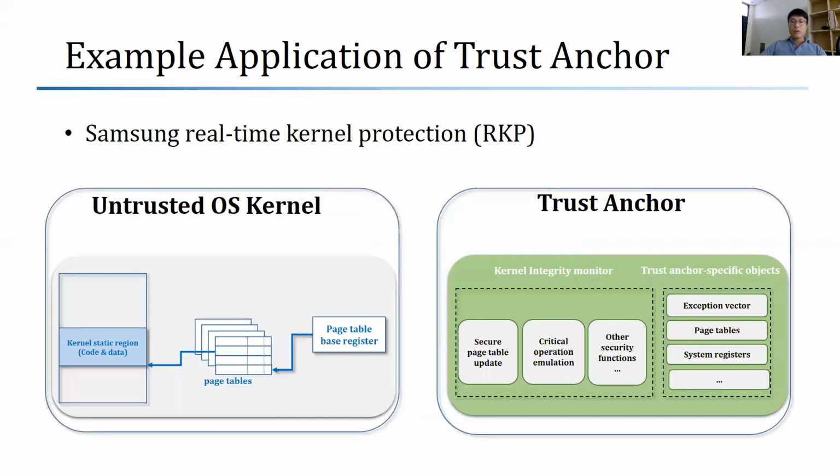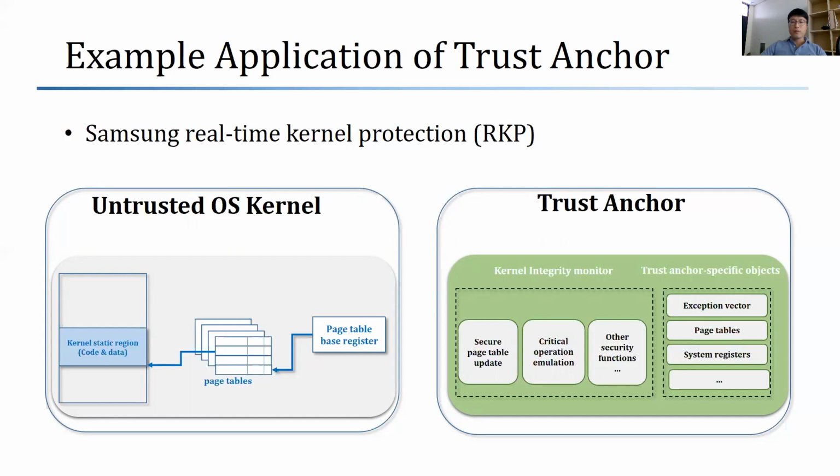Let's look at the use case of trust anchor, the kernel integrity monitor. It is already deployed on various production smart devices. The integrity monitor aims to protect the OS kernel's static regions, such as code and data. High-end devices generally enable the MMU, so the static region is mapped by page tables for the virtual to physical memory translation.